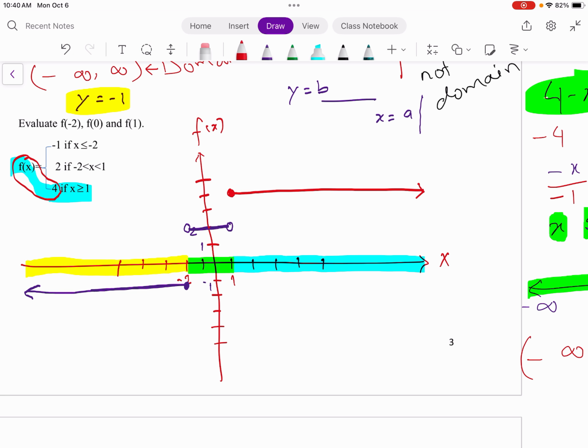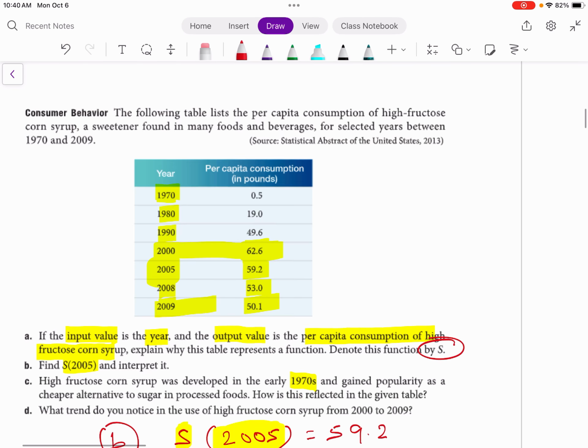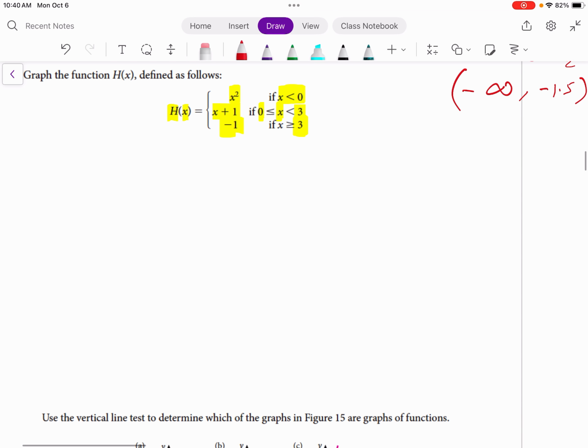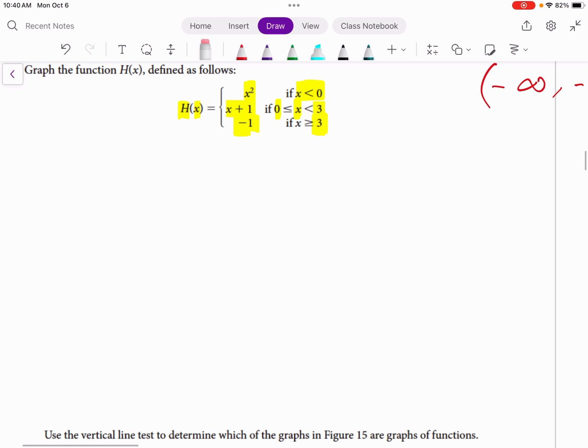Now can I go back to the example that we are required to do on page 7? Any question up to here? Okay, now let's go back to page number 7, and here we have a piecewise function. We have to graph this piecewise function.